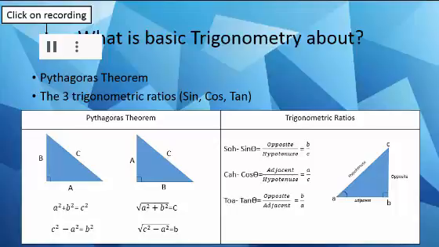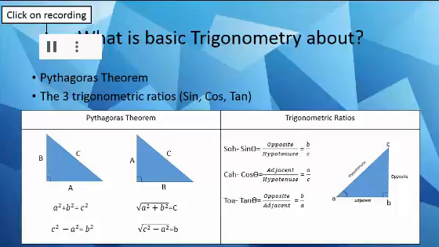It's always the hypotenuse, and this is basically the longest side in a right angled triangle. So if you're going to work out C and you've got A and B, make sure that C is always bigger than A and B, just to give you a picture that you've sort of got the answer correct.